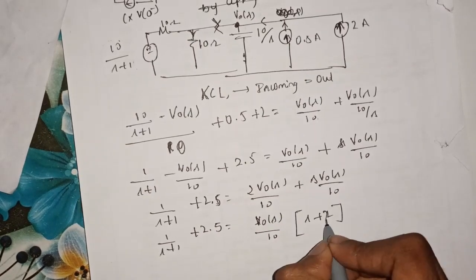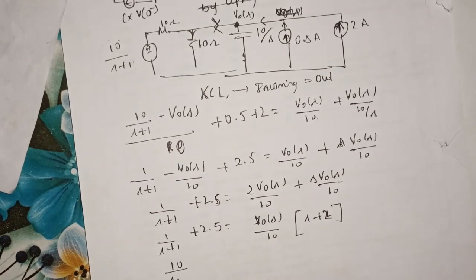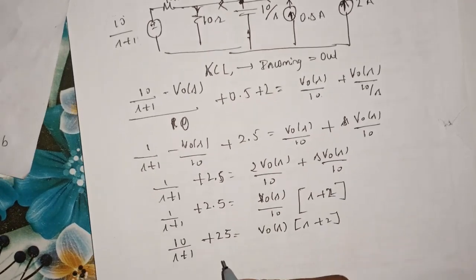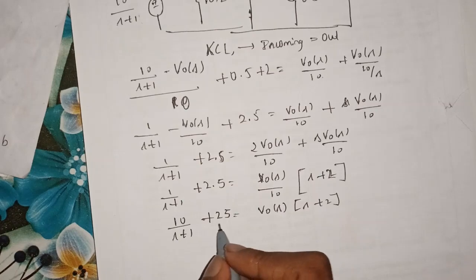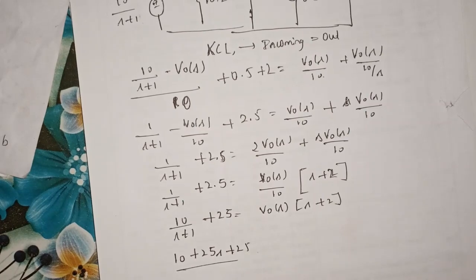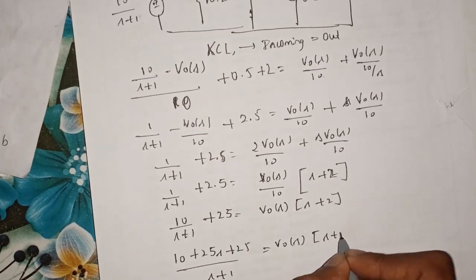I will be remaining with the term S plus 2, and I just cross multiply the 10, which will be 10 divided by S plus 1 plus 25, equal to V naught of S into S plus 2. And yes, now I take the LCM across this LHS, which will be 10 plus 25S plus 25 divided by S plus 1, that is equal to V naught of S into S plus 2.